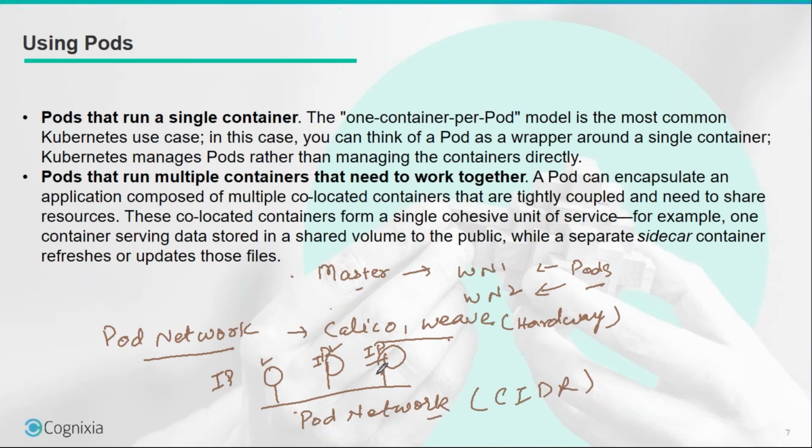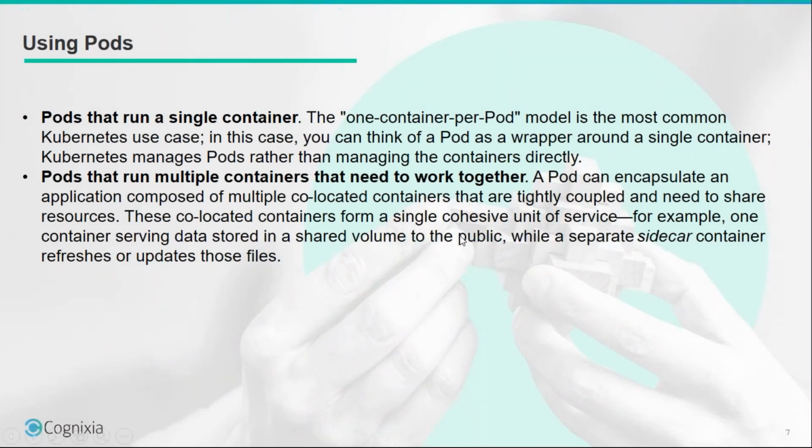But what the IP address range is will be decided by the pod network. So whenever we are creating a pod network, we are basically defining a CIDR range.